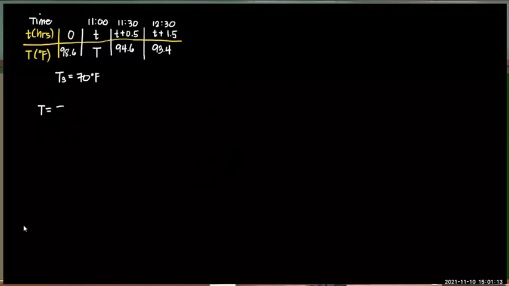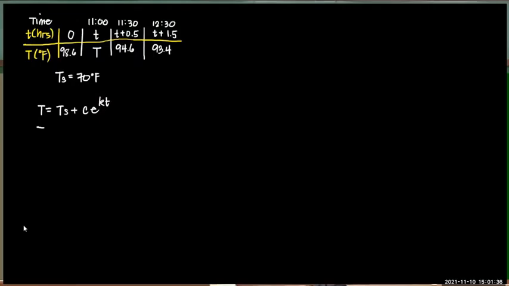T is equal to Ts plus C e to the kt, right? So T is equal to 70 plus Ce to the kt, right? Any questions on how I got this?